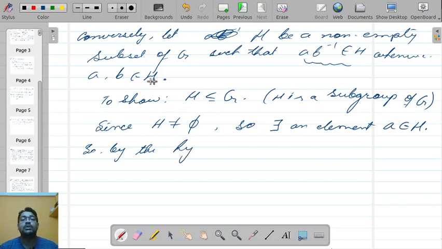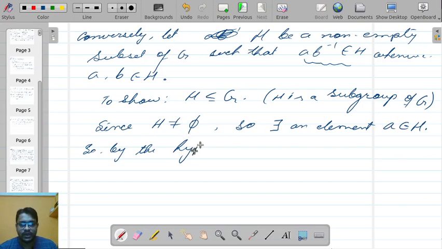If A comma B is in H, then A B inverse is in H. So here I have got A in H. So A comma A means I take A twice. A is the one element I have got. I can always take A and compose it with A. So that is what I am doing.